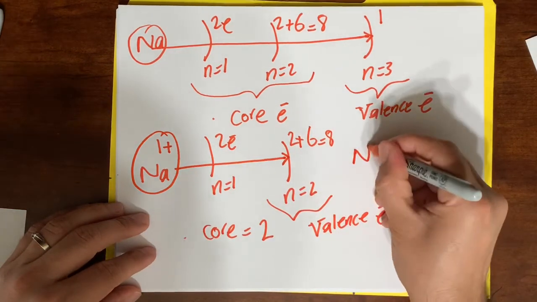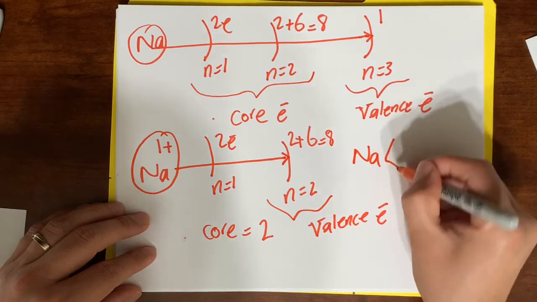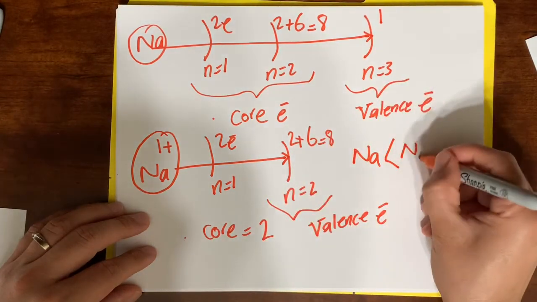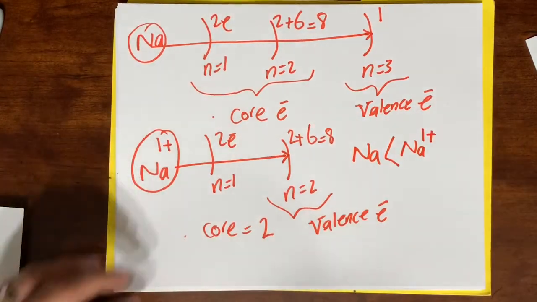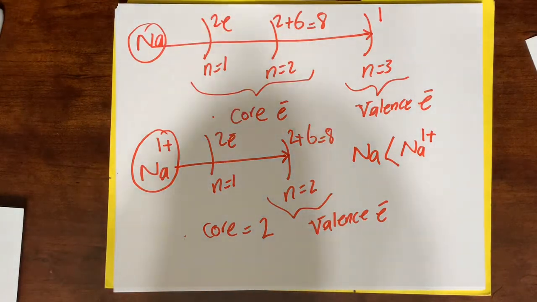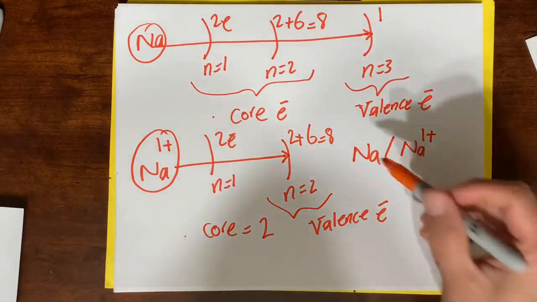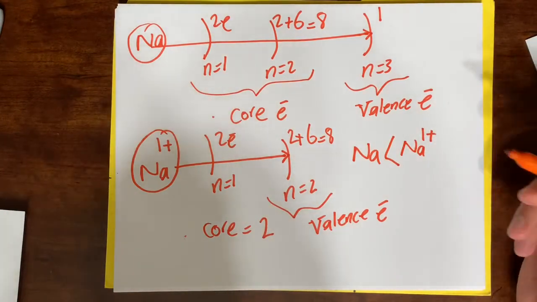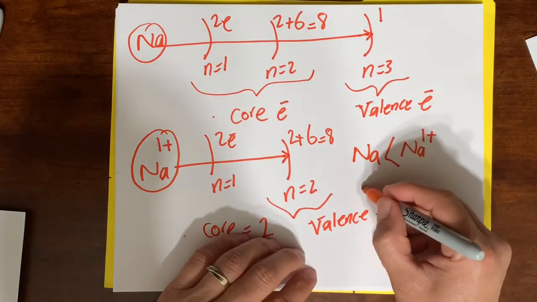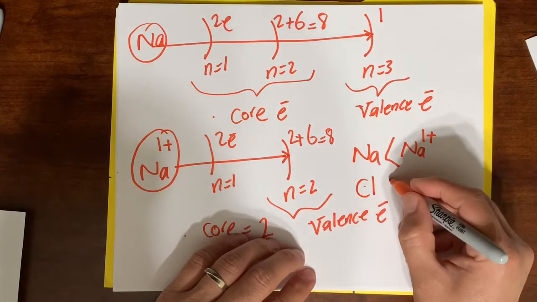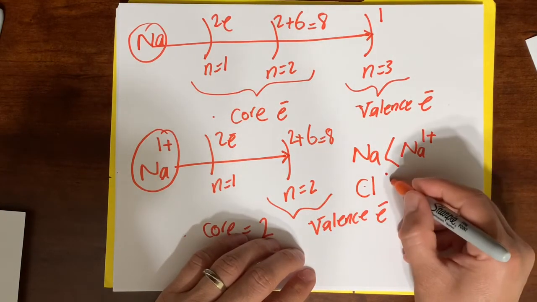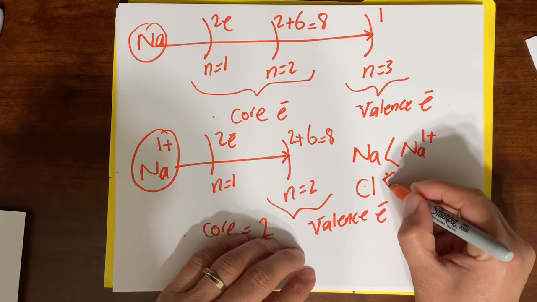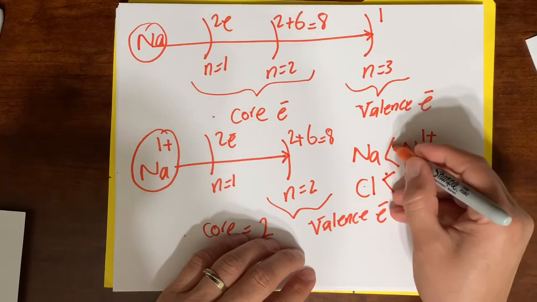So you have the right to say sodium has a bigger size than the cation. Cation of any element is going to have a smaller size than the neutral element. This is the opposite of the anions. Anions, we said chloride, it has a smaller size. My bad, this one should be opposite.